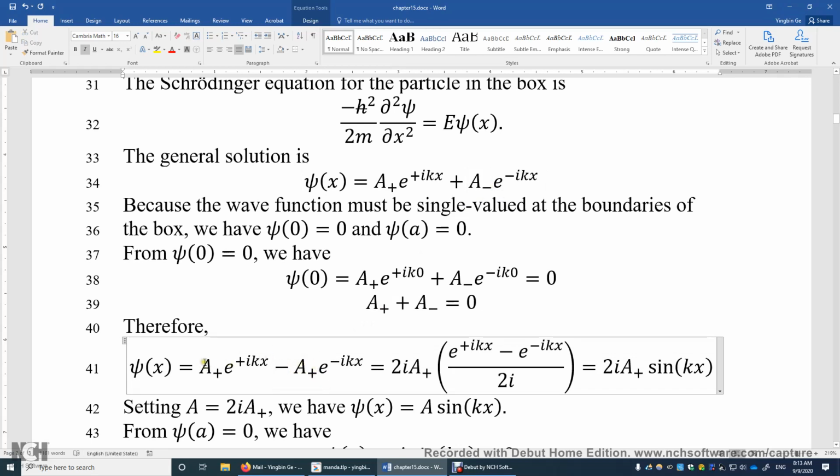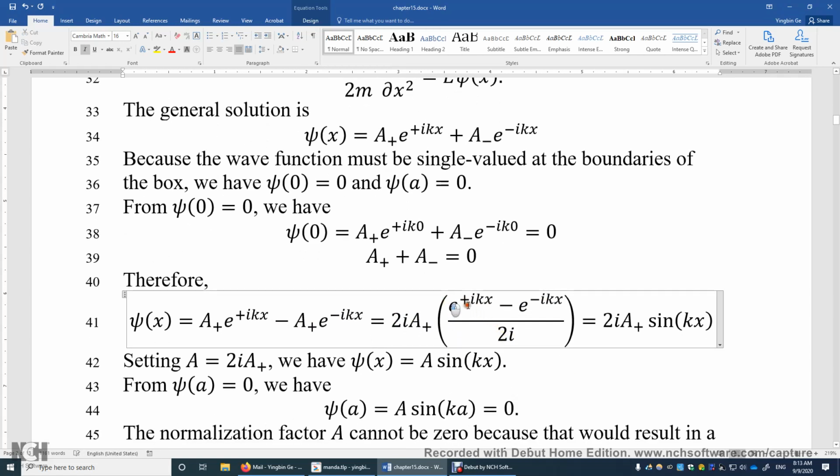Now we can combine this a plus, so it's here. We have e to the power of positive ikx minus e to the power of negative ikx here. Now I divide this by 2i and multiply this a plus by 2i. The reason I do this is because this expression inside the parenthesis is simply sine kx. Remember, e to the power of i theta is cosine theta plus i sine theta. e to the power of negative i theta is cosine theta minus i sine theta.